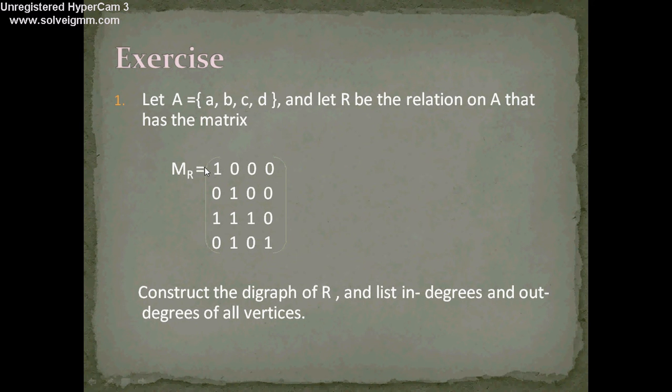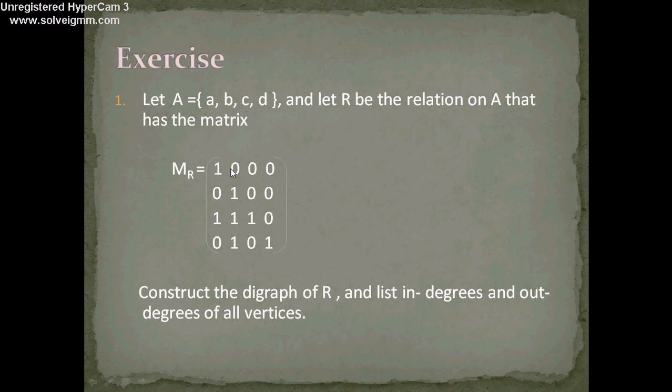Here the rows are a, b, c, d and the columns are a, b, c, d. Since here it is 1, it means that a comma a is present in the relation. a comma b is not present in the relation. So in this way we represent relations in a matrix: we have 1 at those places where the ordered pair is present in the relation.